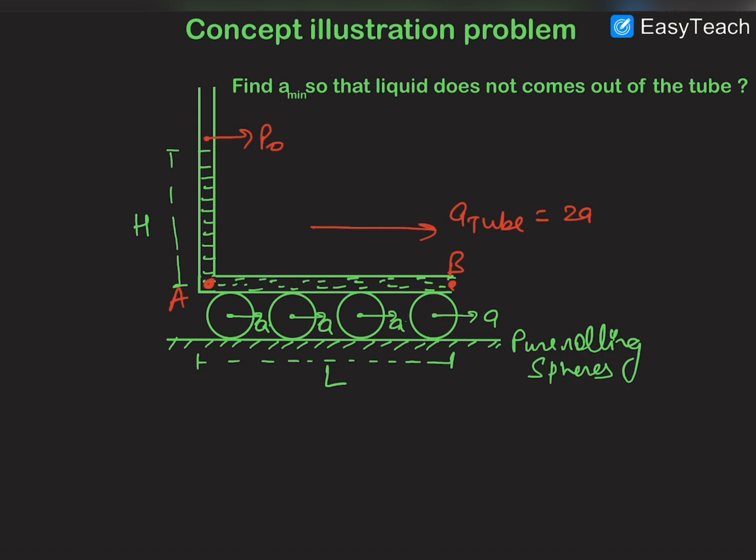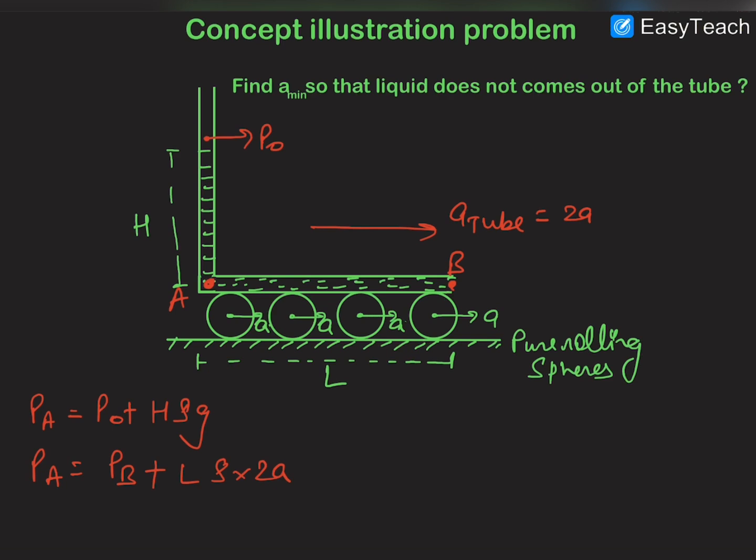So the acceleration of the tube will be 2a, and obviously the pressure at A will be equal to P naught plus H rho g by this, and the pressure at A will be equal to PB plus L rho into 2a. This is L rho into 2a, because the pseudo force will be acting in the backward direction, which is 2ma.